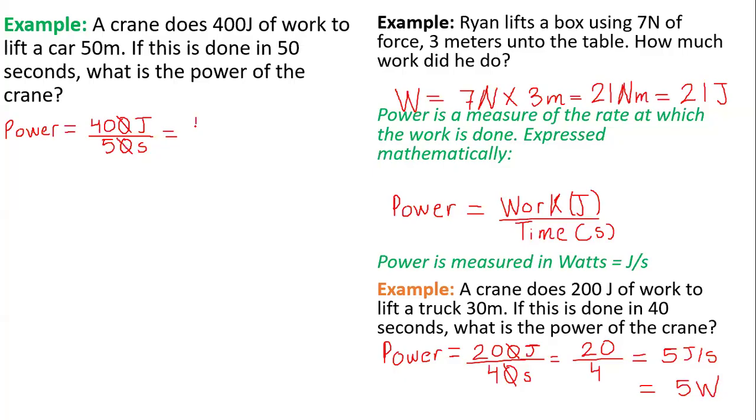So we're left with 40 over 5. 40 divided by 5 is equal to 8. 8 joules per second. And what is 8 joules per second? 8 watts. All right.